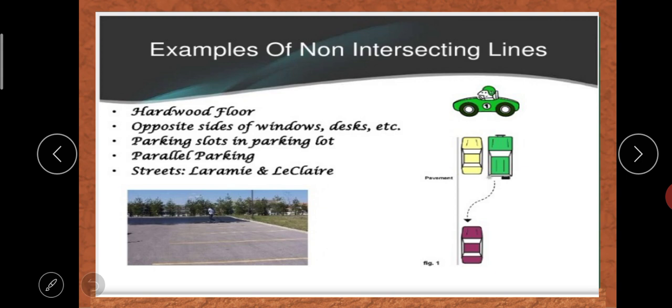Then parking slots in a parking lot, parallel parking, streets. These are all examples of parallel lines. You can also say your scale or ruler is an example of parallel lines. We say they are non-intersecting lines.